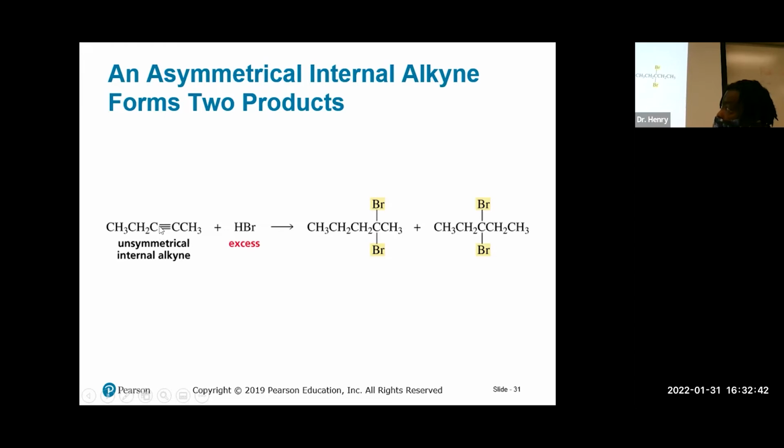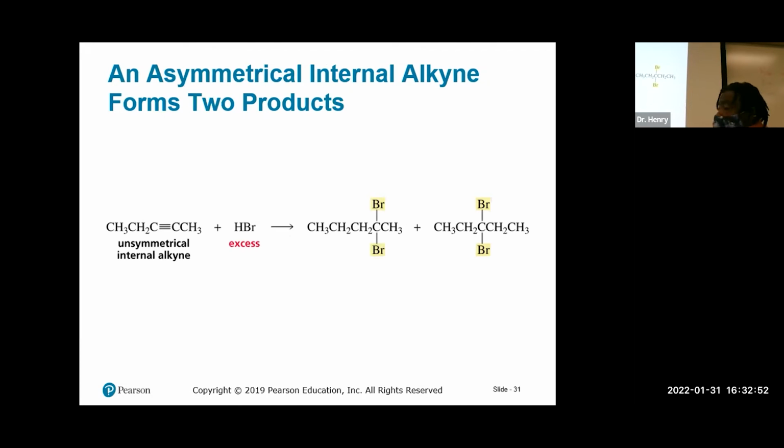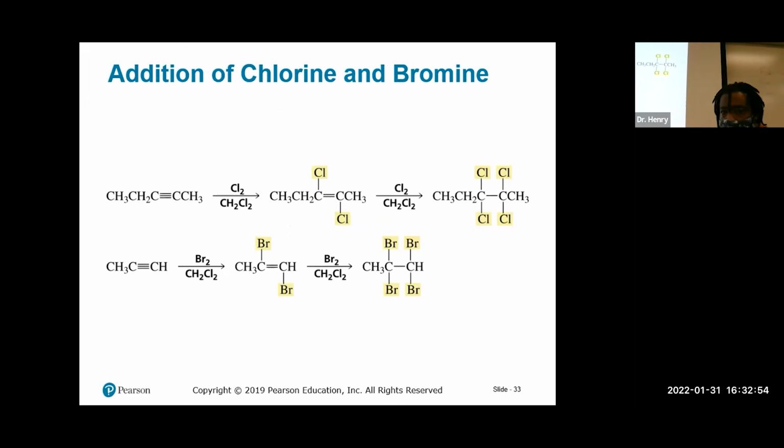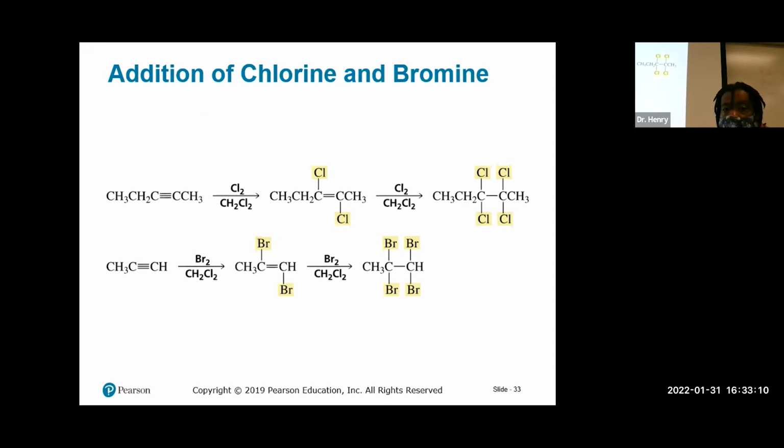And so you have the possibility of putting it on the third carbon or on the second carbon. Where this guy is the third carbon, regardless of how you look at it. So this guy here, 1, 2, 3, 1, 2, 3. So your product is going to be exactly the same.